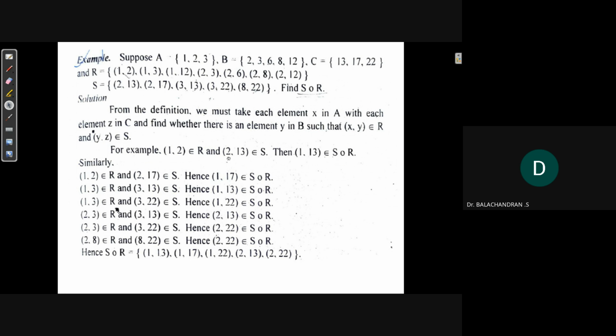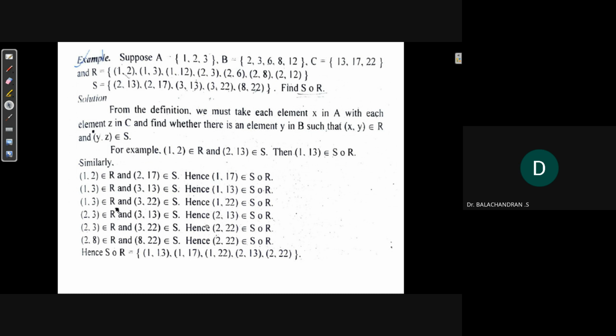So (2, 13): (1, 2) is in R, (2, 13) in S, so (1, 13) is in S composition R. So in S composition R, first I am applying R and then I am applying S. Similarly, (1, 2) in R and (2, 17) in S, so (1, 17) in S composition R. Similarly, you should write the remaining elements.